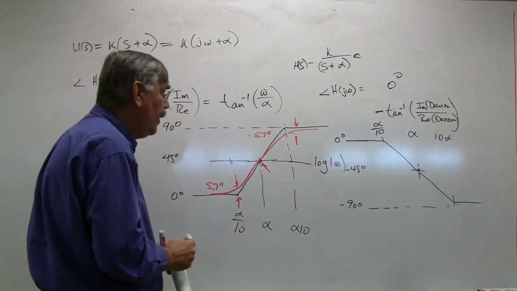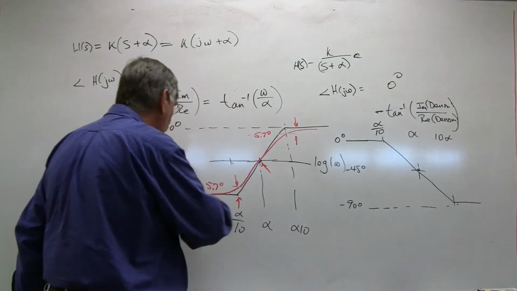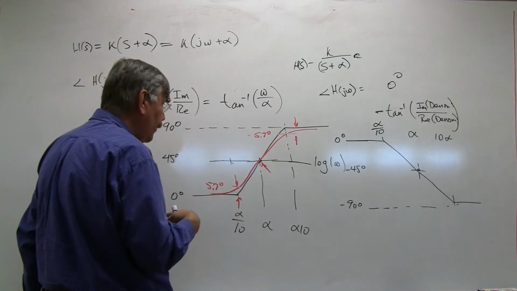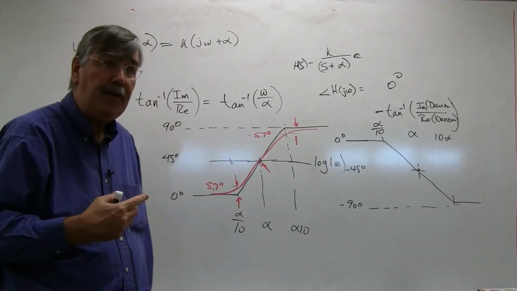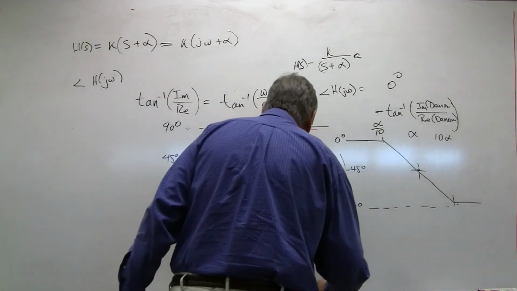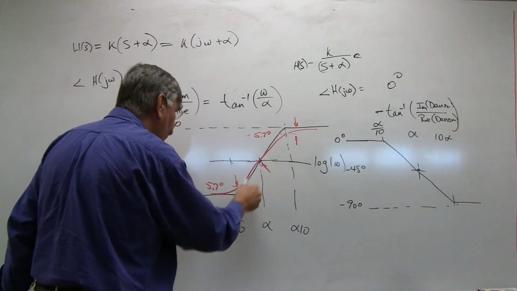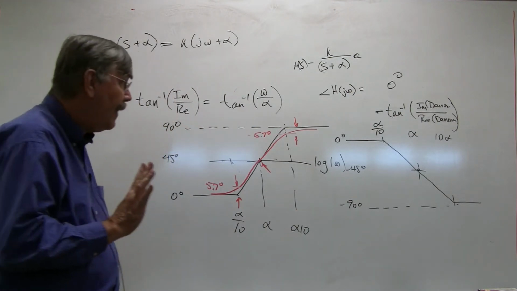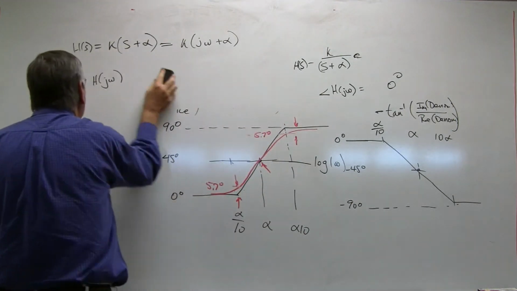Okay? So the pole, again, makes the phase go negative. The zero makes it go positive. It's 45 degrees at the pole or zero frequency, and the total swing is 90 degrees per pole. And if you wanted to, you could talk about the slope of this, which is 45 degrees per decade for each zero or pole.